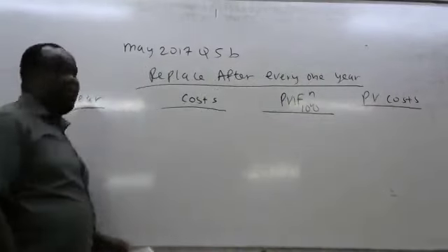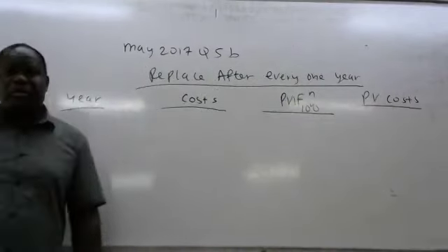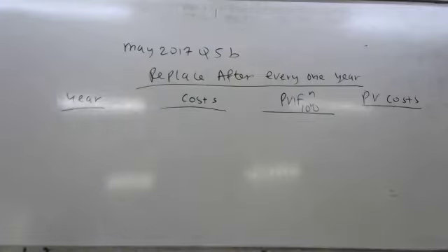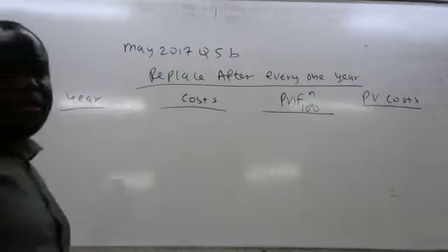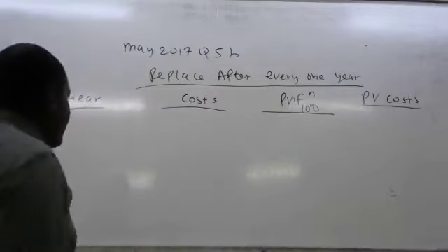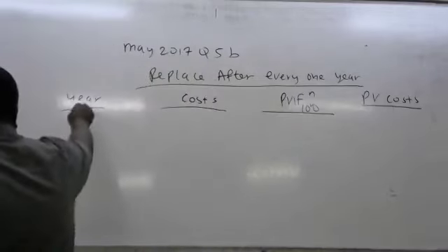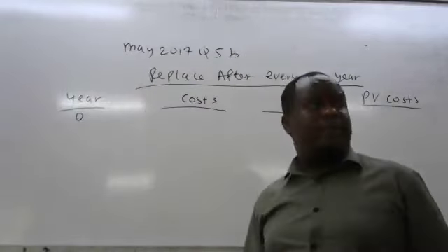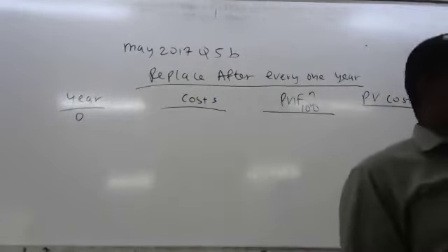So when we are approaching the question from the cost perspective, we start from year 0, when you incur the initial cost, because costs are more than revenue. Year 0 is when you incur the initial investment. How much was the initial investment?